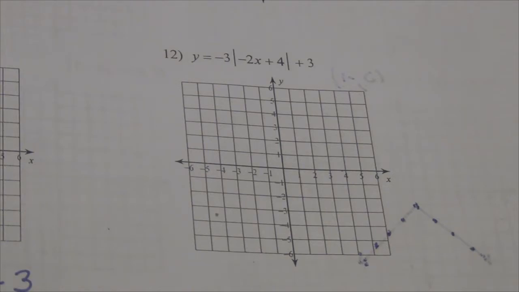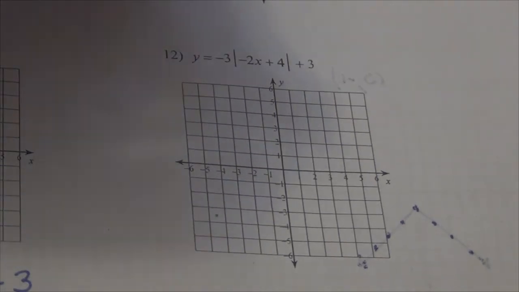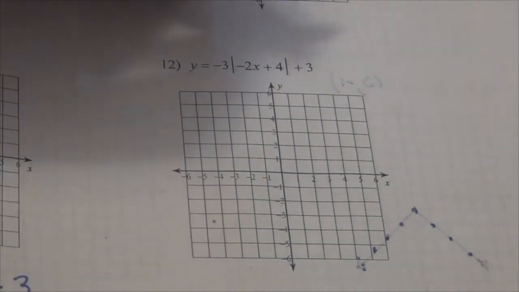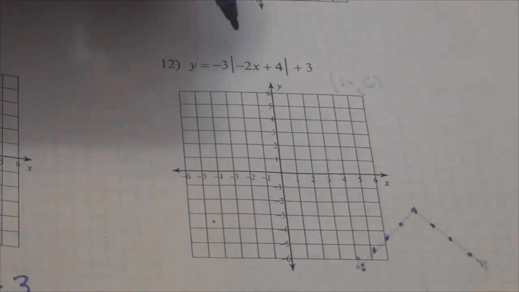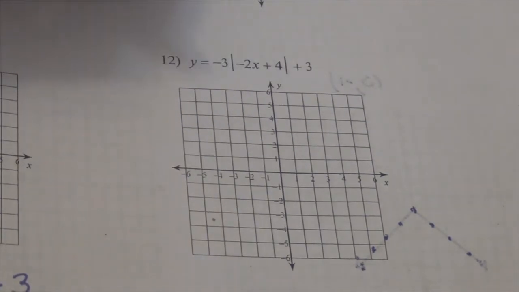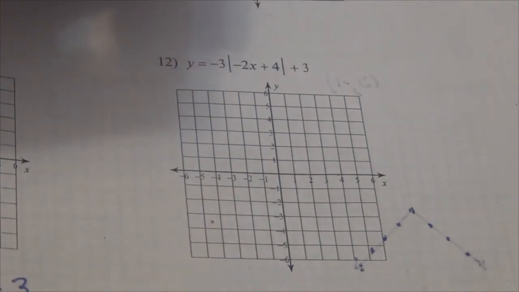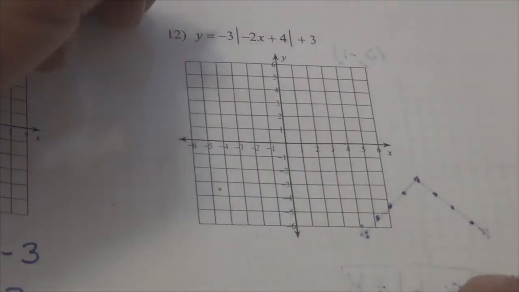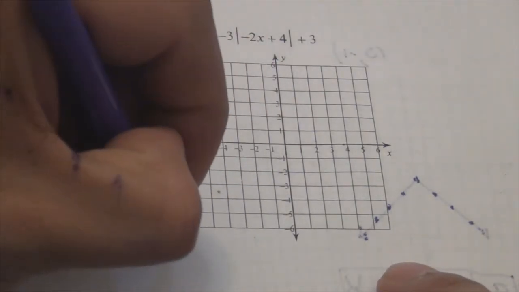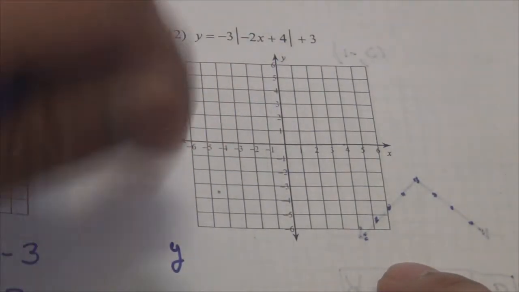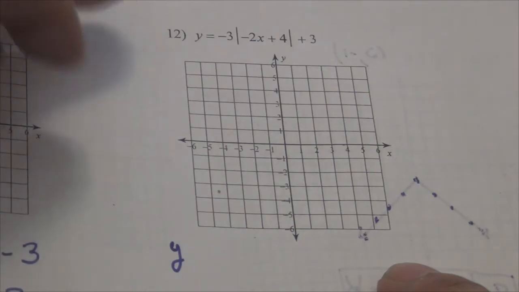Okay, so you tried it, and now what are you going to factor out? The 4, the -2, what? Exactly, the -2. So you're going to divide by -2, correct? All right, so then now your new equation looks like this. That's because you want to identify the vertex.